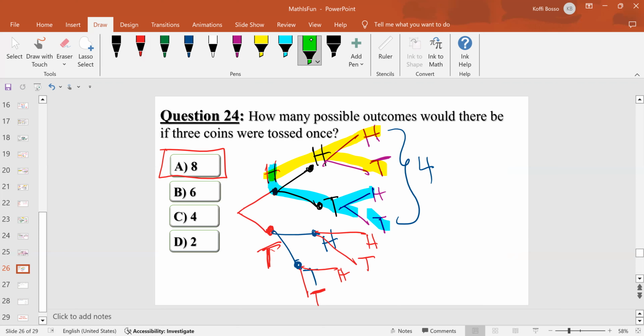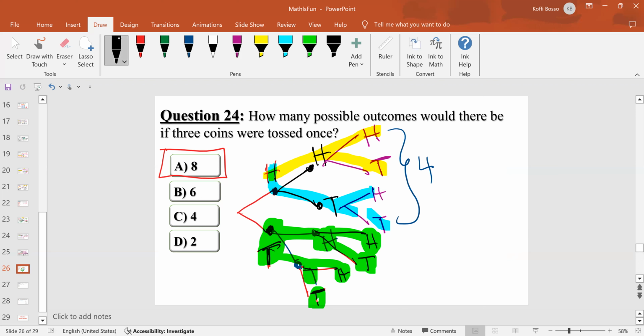So this is telling me that yes, you can have tail, head, head, or tail, head, tail, or tail, tail, head, or you have a tail, tail, tail. So this is another 4 possibilities.